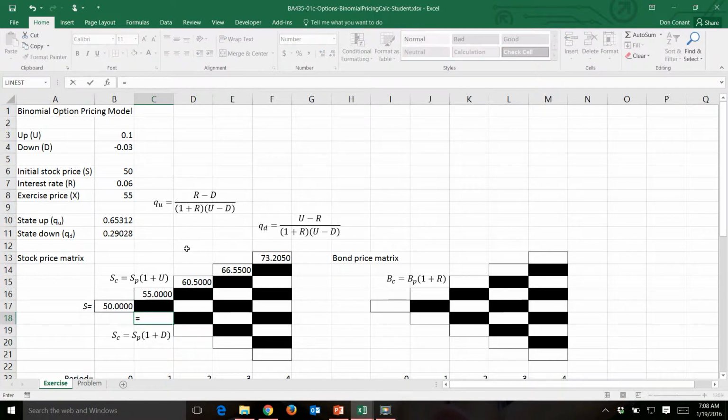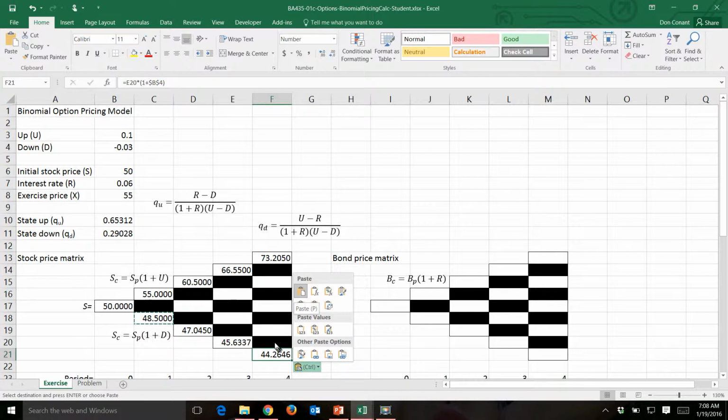The current stock price equals the previous stock price times 1 plus D, the downside. We need to make the D absolute, so that as we copy it, it looks to the right number. And as with the upside, we can do a Control C and just copy it with a Control V to all of the downside pricing. We have that.